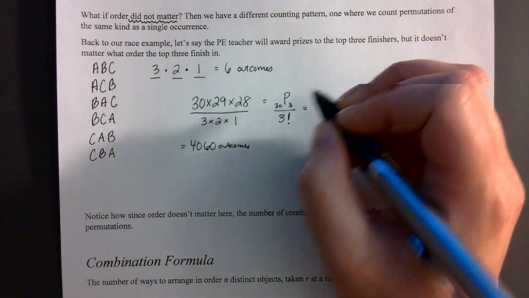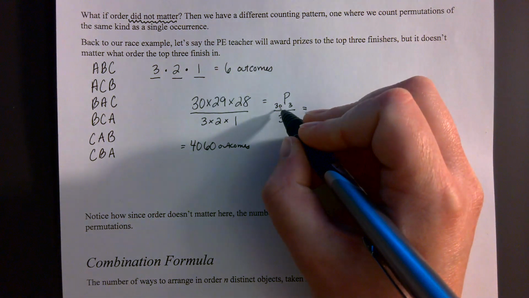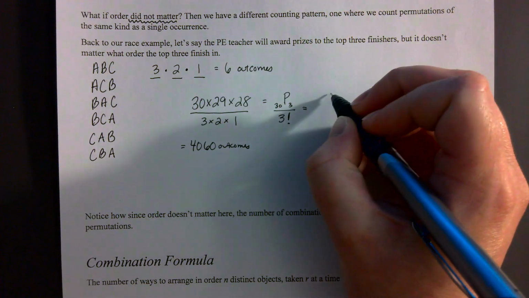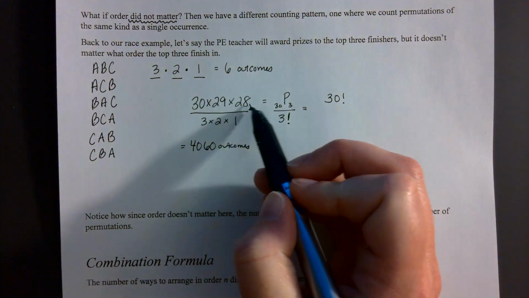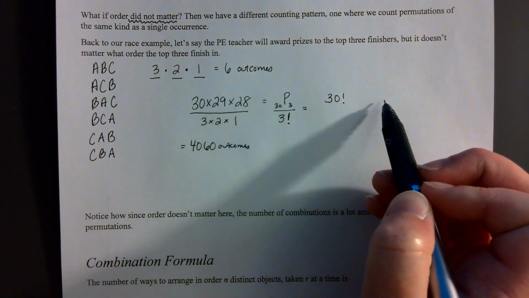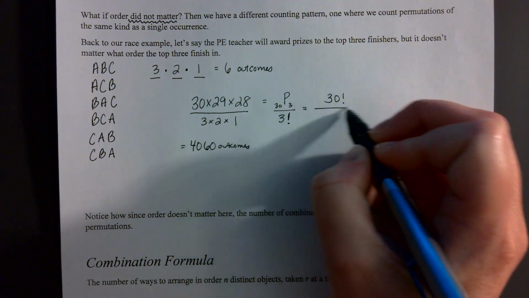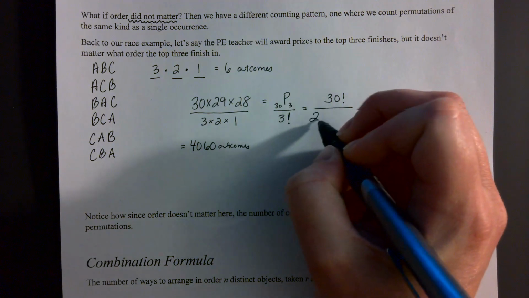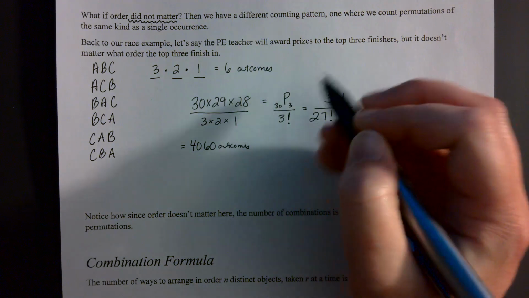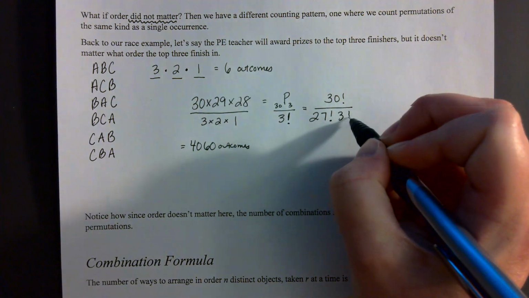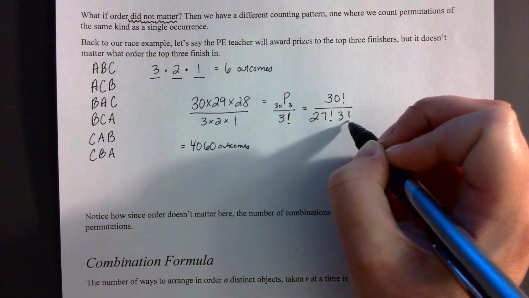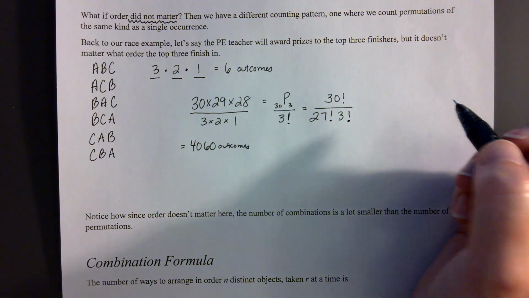We took our n objects, so our n amount of people, so we take our 30 factorial, and to get our remaining, that 27 all the way to 1 eliminated, we divided by that 27 factorial here. That was our permutation. But then now we have this divided by 3 factorial as well on the bottom, because we got to eliminate our repeats.